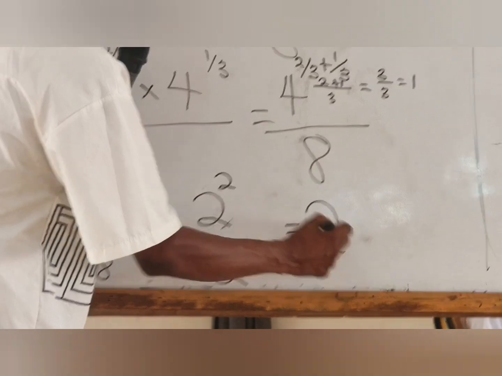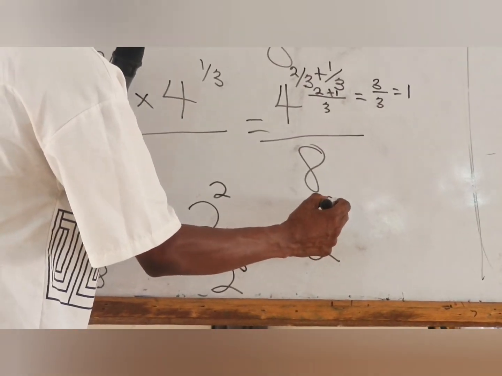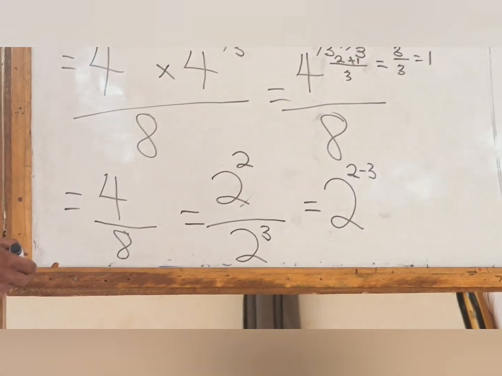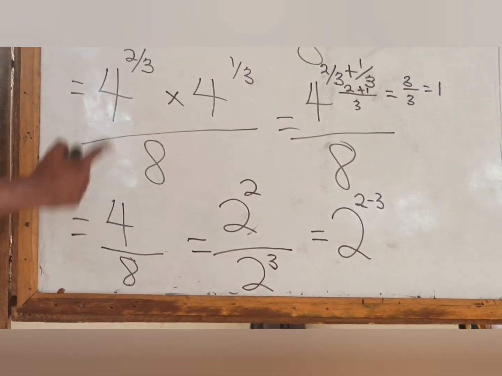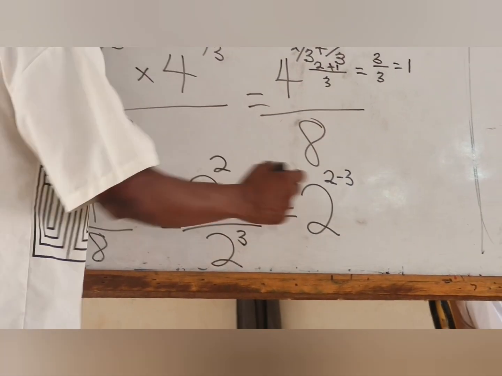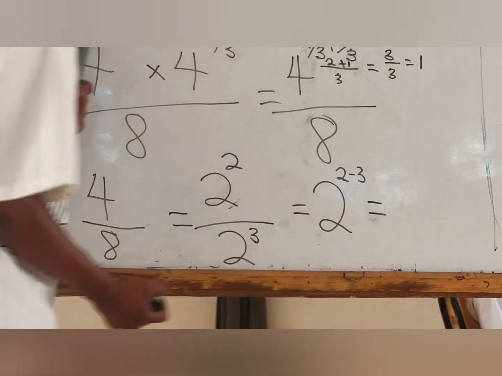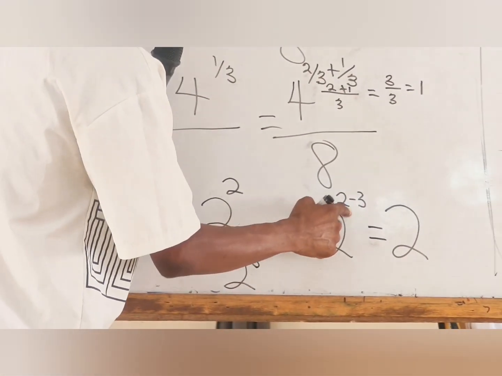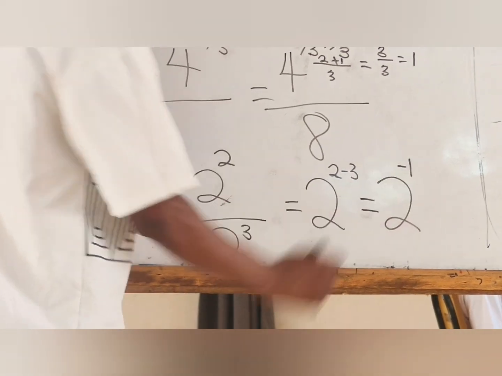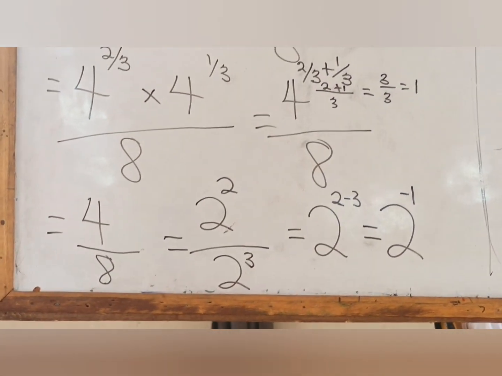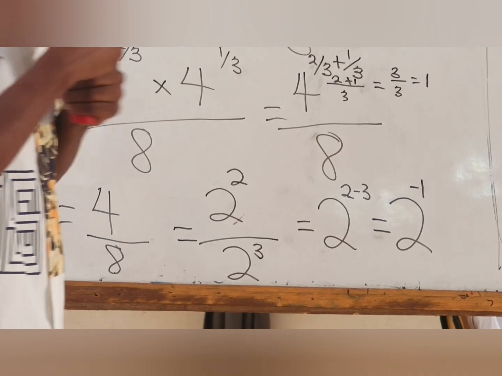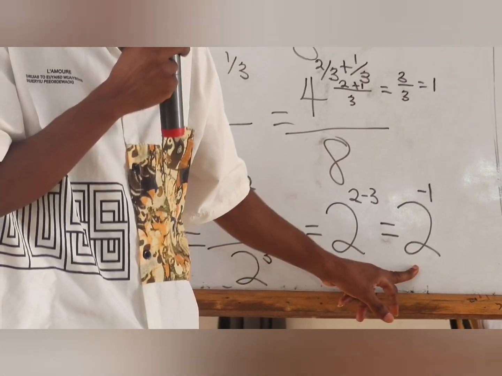So you have 2 to the power 2 minus 3. You will still get the same answer, but don't cancel. What do we get? 2 to the power -1. 2 to the power -1 is the same as what? 1/2. I'll leave it here because we are doing indices.